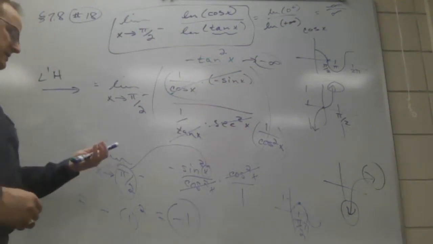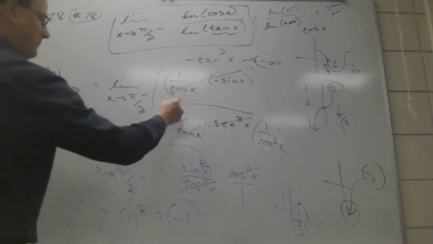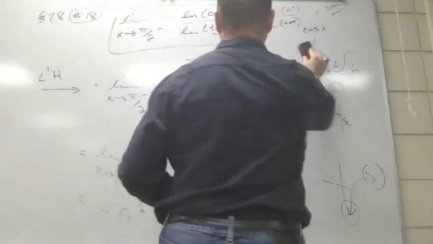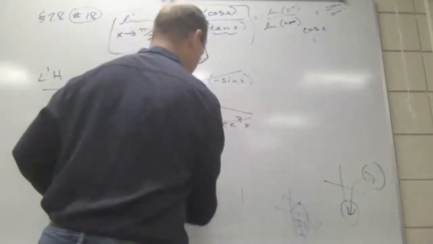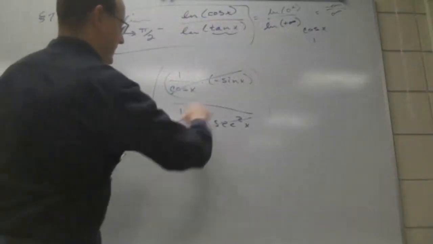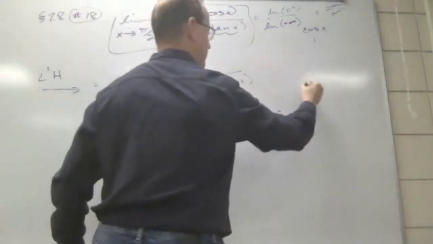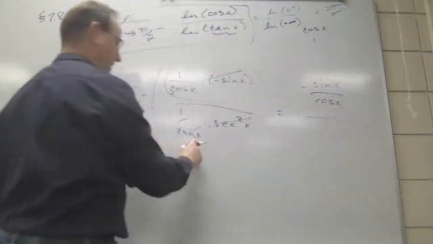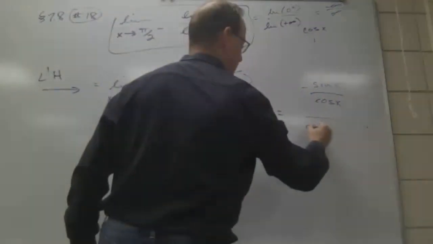I think I just went to sine and cosine right away. So let me write to the right of this what we had here. I'm just going to write minus sine x over cosine x on top, and then on the bottom, 1 over tangent is cotangent, right? So instead of sine over cosine, it's cosine over sine.